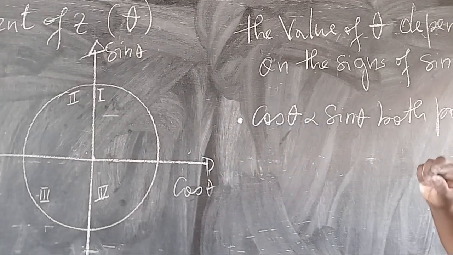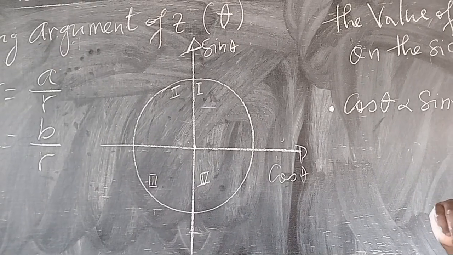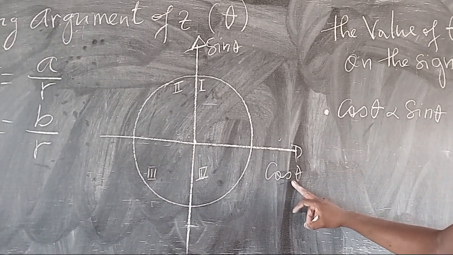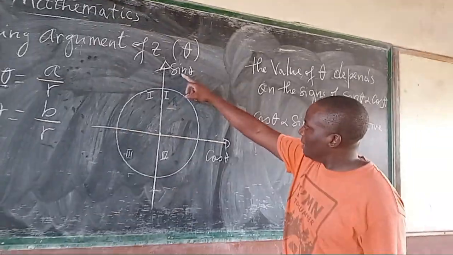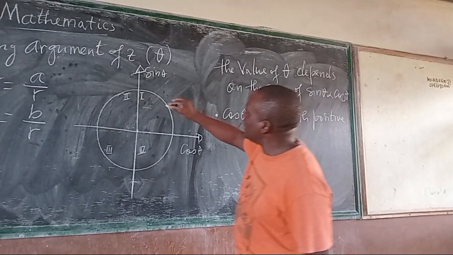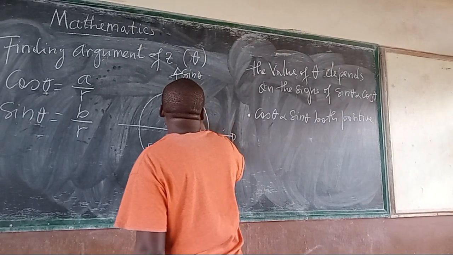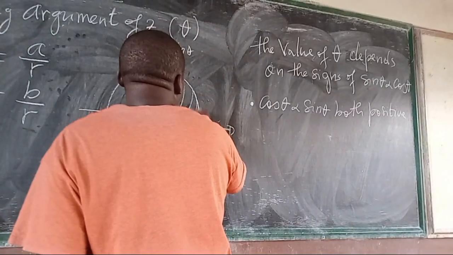As you see me, I'm going to find the region where the sine of an angle theta must be positive and the cosine of that angle theta must also be positive. As you see, this is part number 1, the first quadrant.